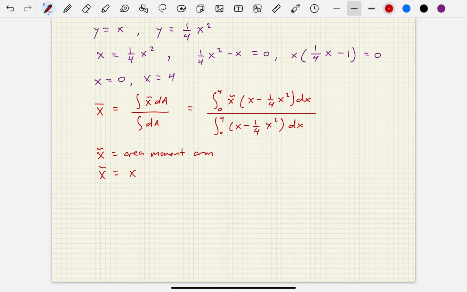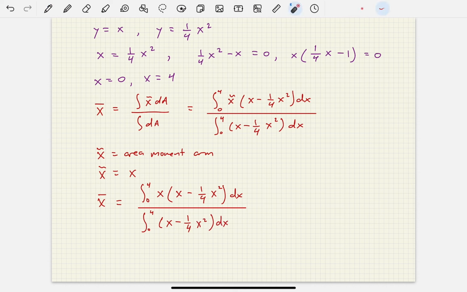If I rewrite this one more time, very explicitly so we can best understand it: the integral from 0 to 4 of x times x minus 1/4 x squared dx, divided by the integral from 0 to 4 of x minus 1/4 x squared dx.